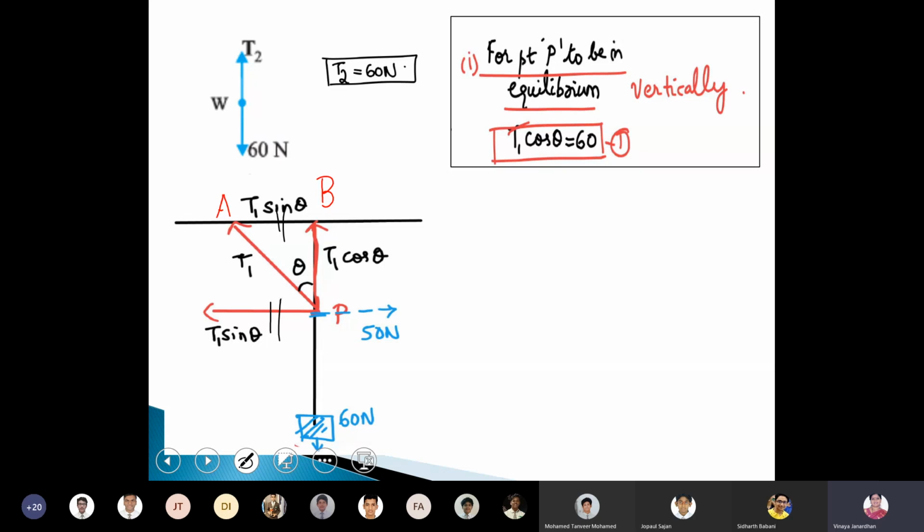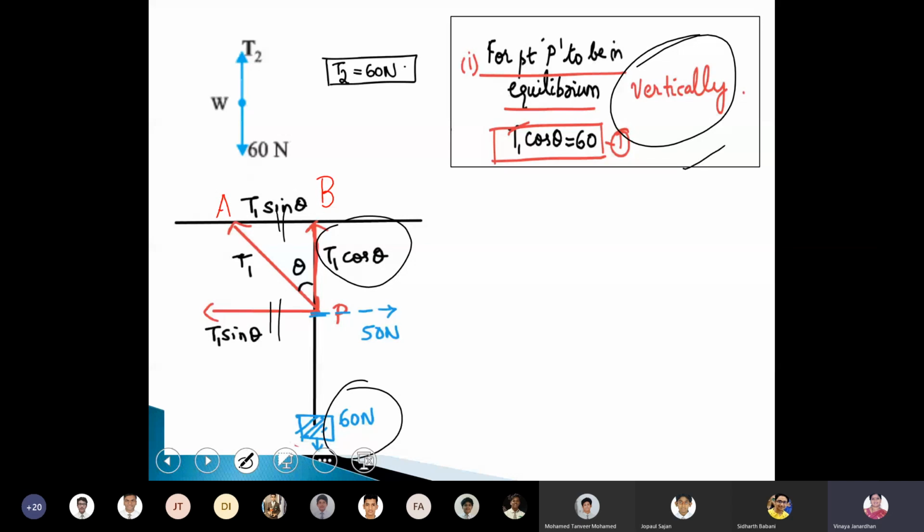Vertically, point P neither moves up nor down. What will be the condition for that? The upward force T1 cos theta must be equal to the downward force 60 Newton. Yes, ma'am.